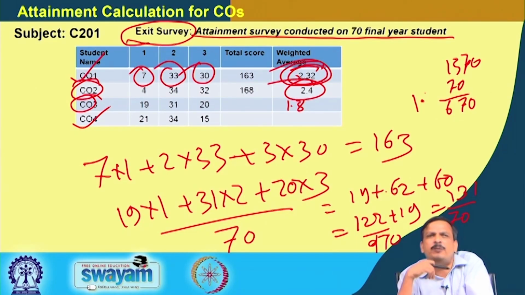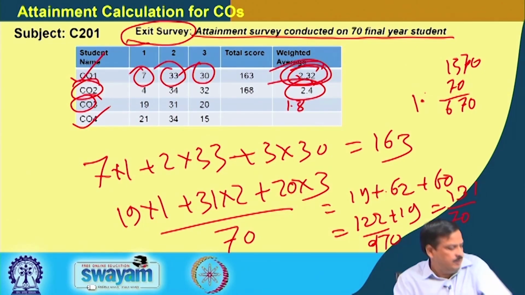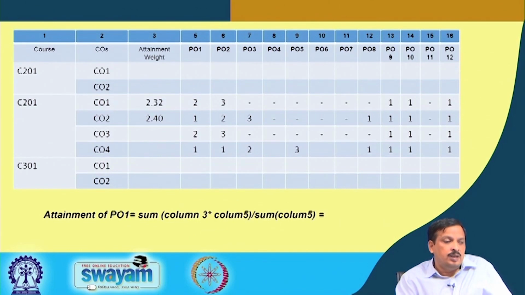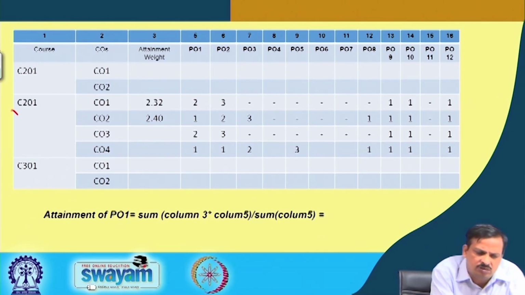So, they will provide the feedback also, and you can calculate the attainment from your alumni also. So, when I calculated for all courses, all CO attainment I have calculated for my course.